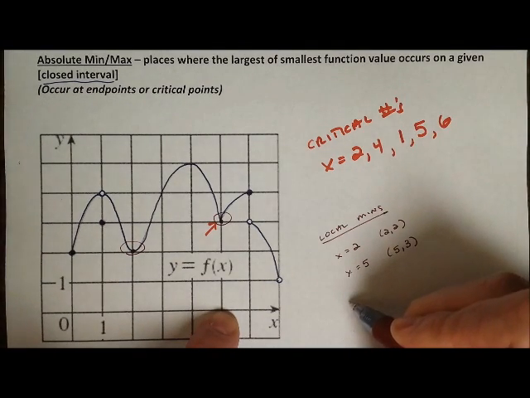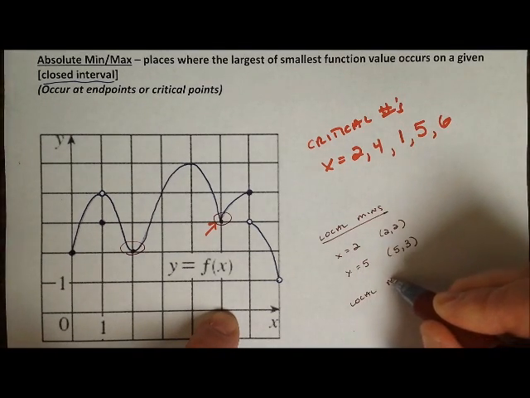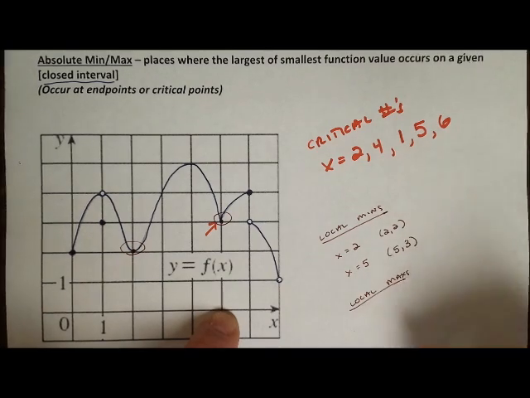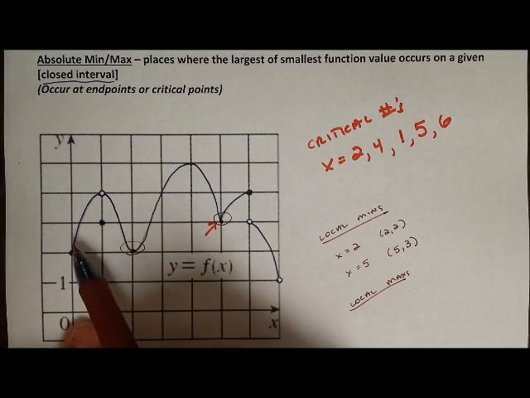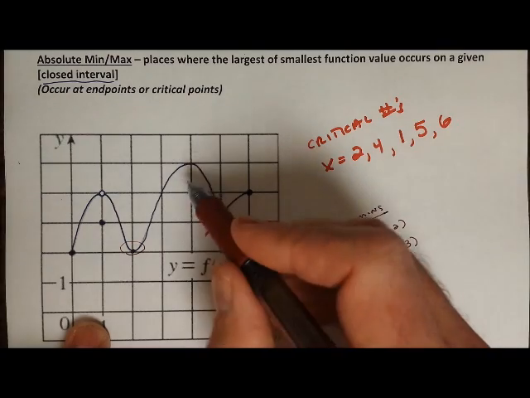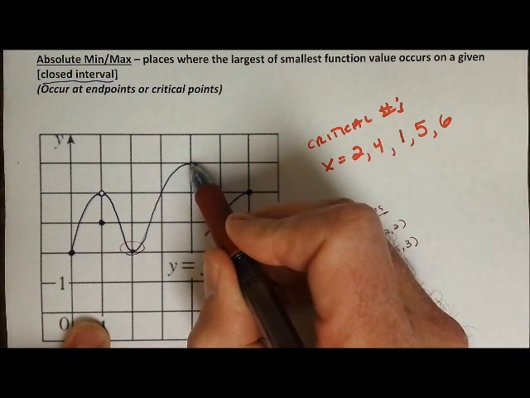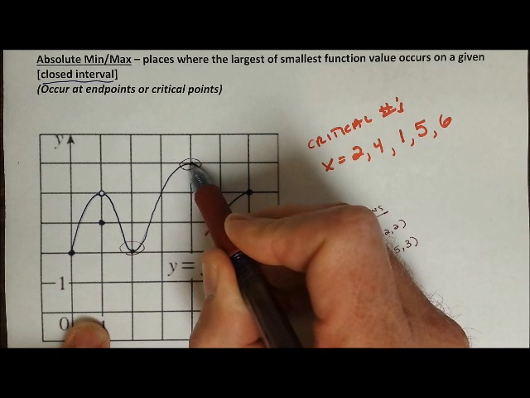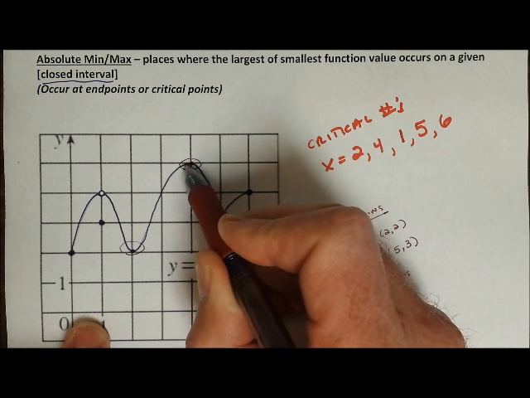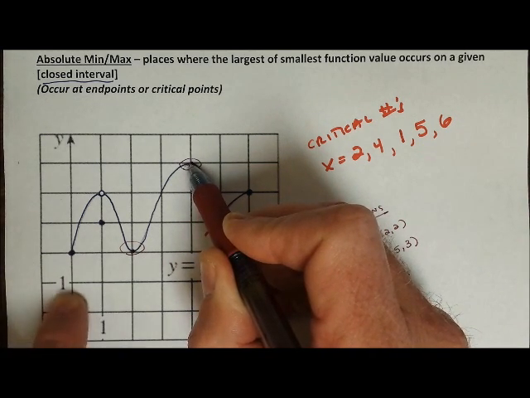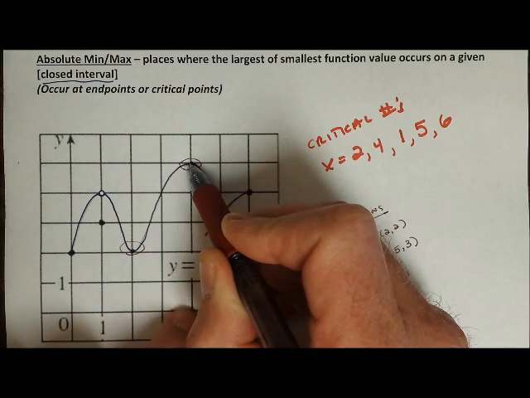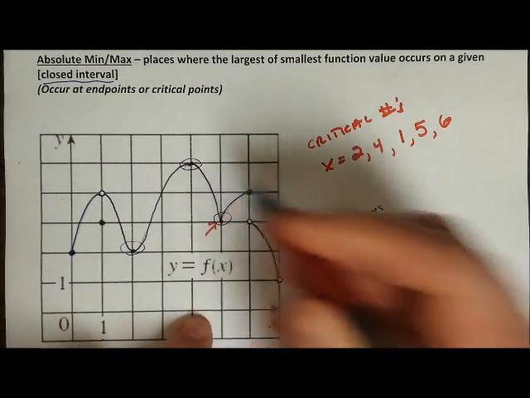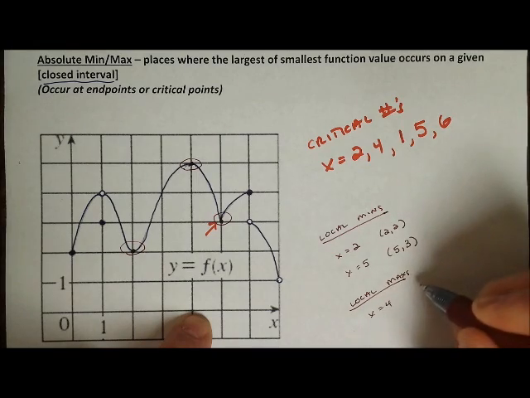Let's talk about local maxes. Right here is our first local max. And again, as you can see, that is the highest point compared to all the other points real close to it. That occurs when x is 4, at the coordinates (4, 5).